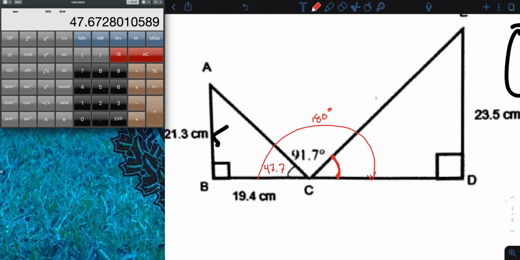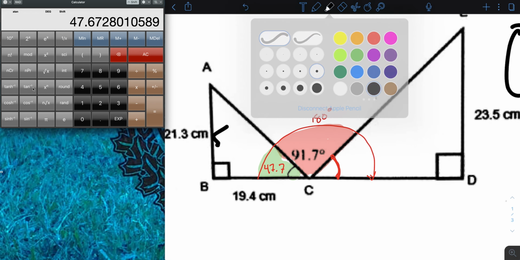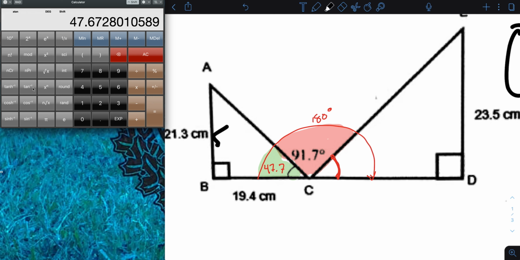I know this is 91.7 degrees, and I know that this is now 47.7. So if I add the green and red together and subtract from 180, that is, 180 degrees minus the red section minus the green section, that's going to equal my angle down here.